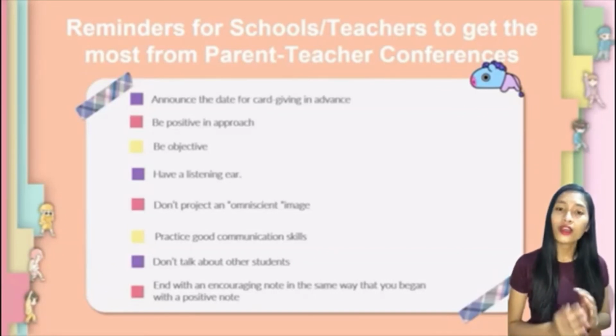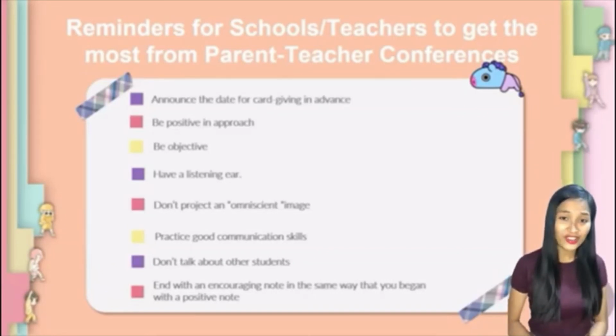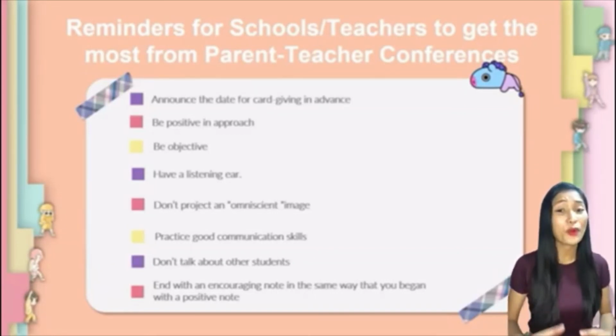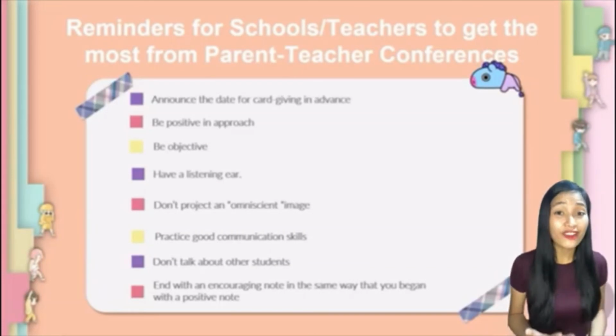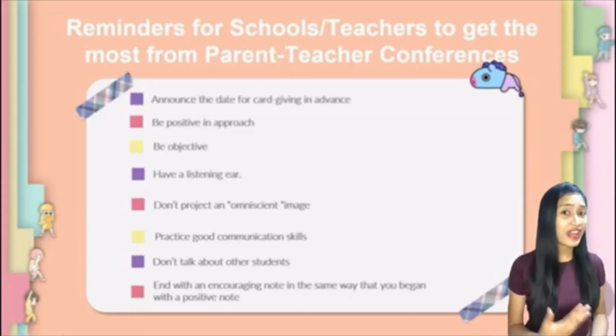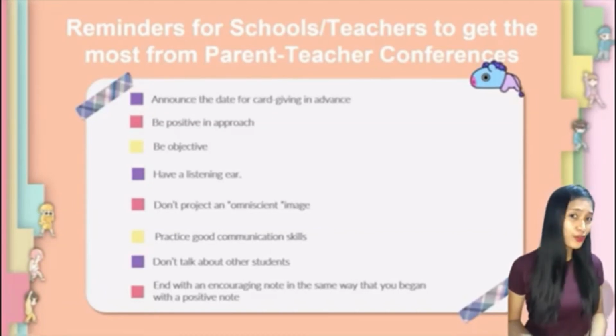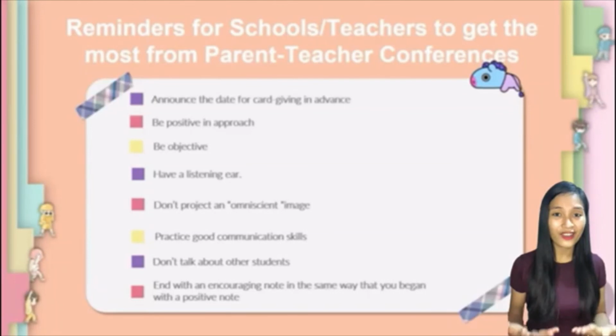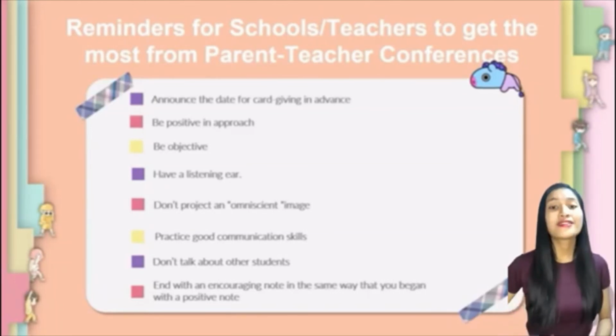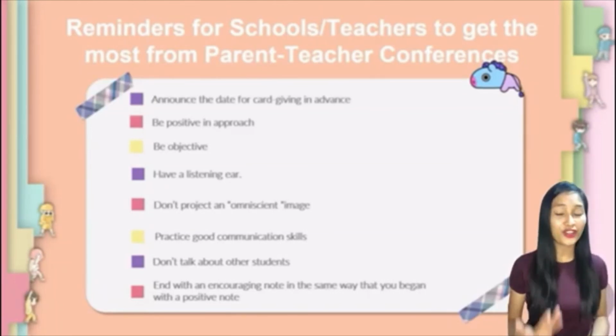We all know that communication skills are really an important part of grading and assessment. So communicate criteria for grading, and have a dialogue and not a monologue where the only one talking is you or only the parents. You must have a dialogue and speak with each other. Next is don't talk about other students.